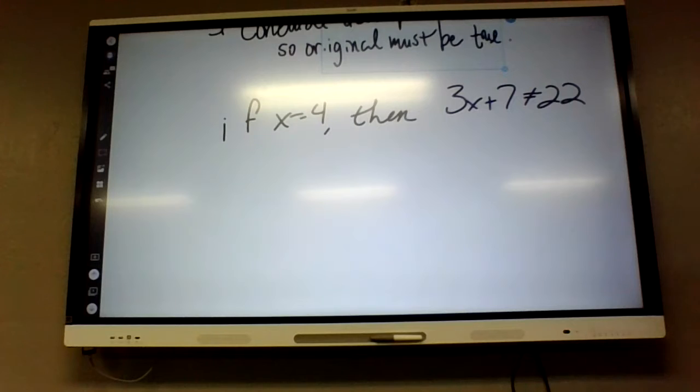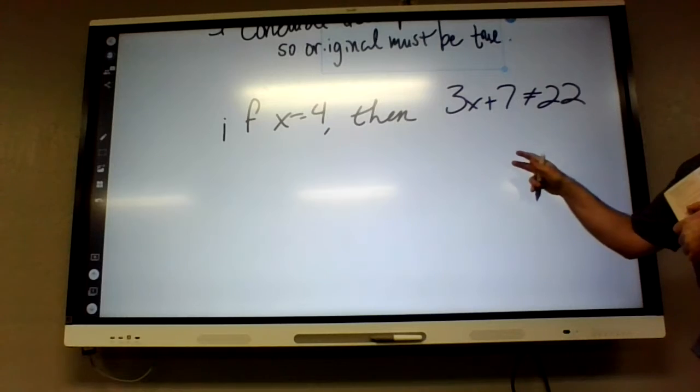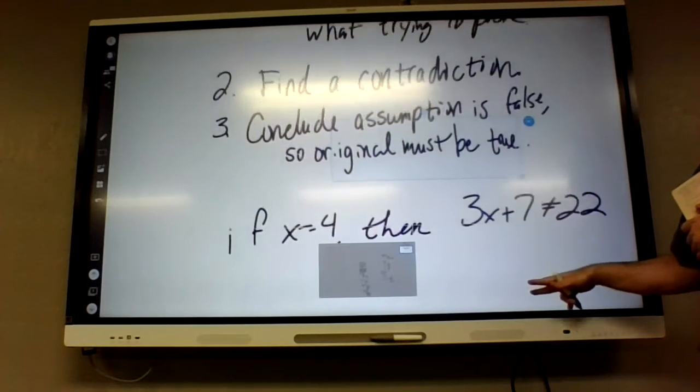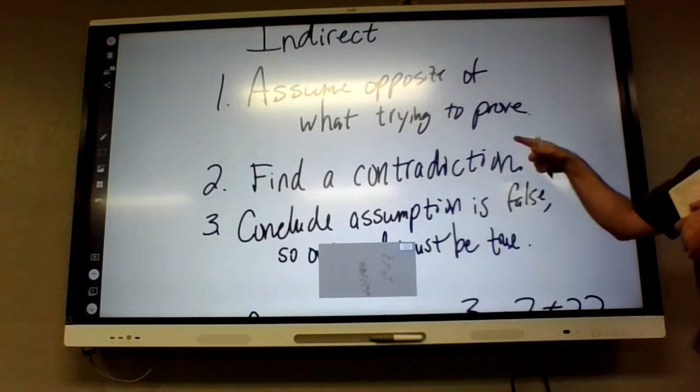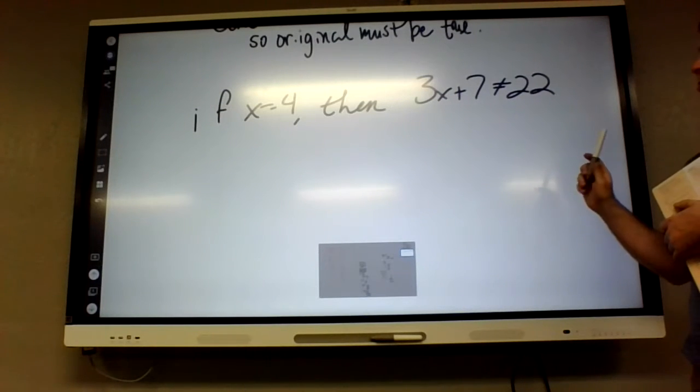Okay, so they're saying if x is 4, then 3x plus 7 is not equal to 22. If I was trying to prove this indirectly, what would I start by doing? You guys remember what I said? Assume the opposite of what we're trying to prove. So what's the opposite?